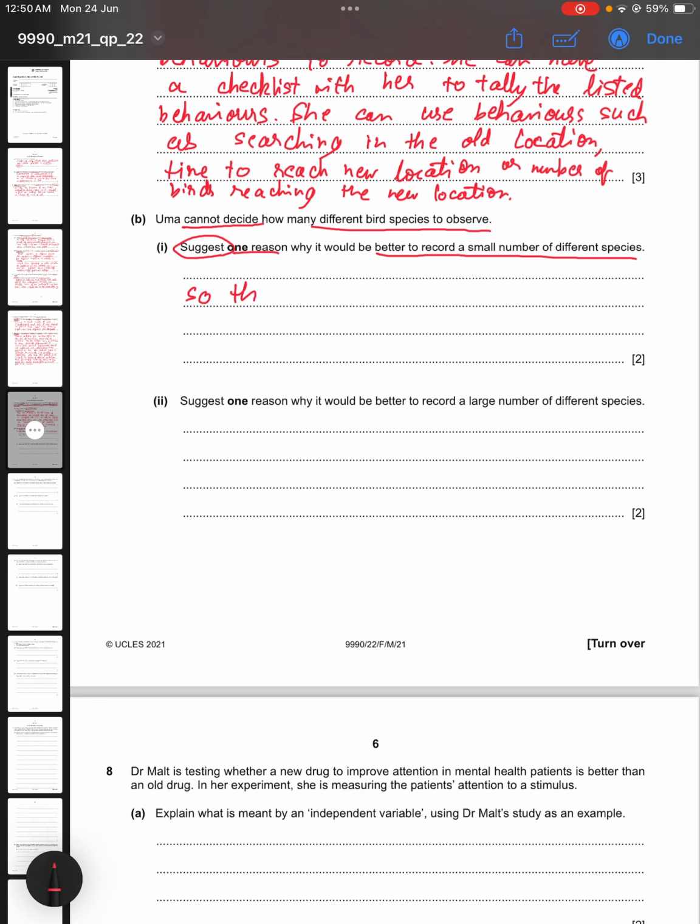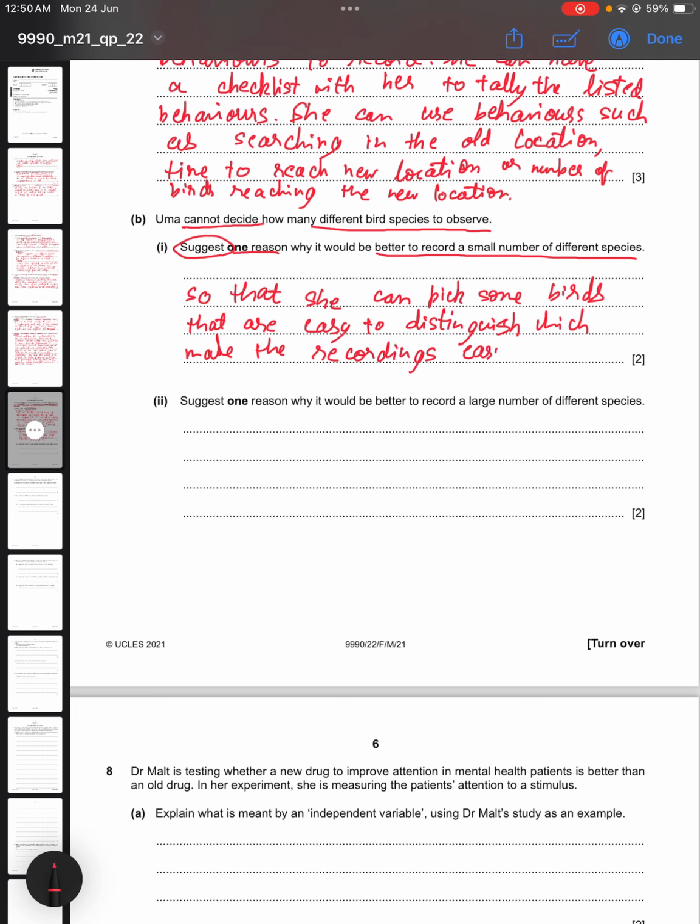It will be better for her to record a small number of species so that she can pick some birds that are easy to distinguish, which makes the recordings easier to analyze, and it will be more reliable.